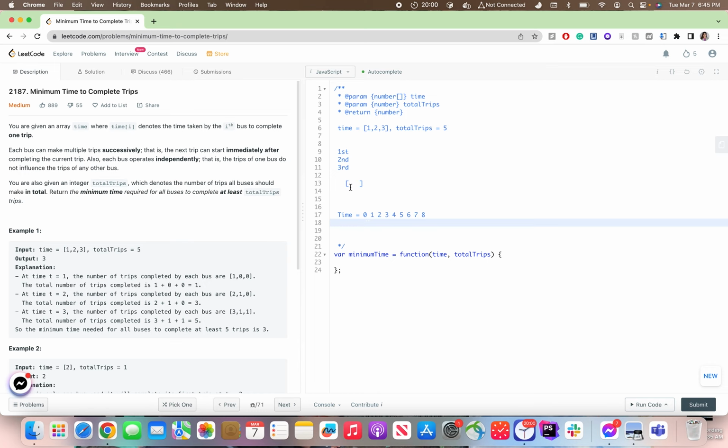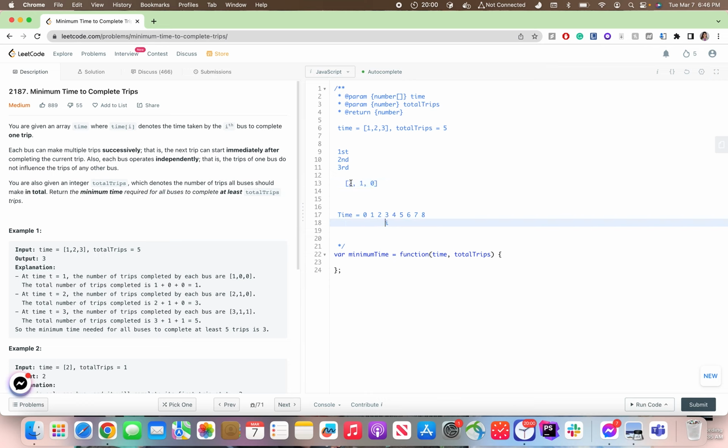So at 0 seconds, none of the buses would have made a trip. At 1 second, this one would complete one trip, right? And the others would not complete any trip. In 2 seconds, this one would complete 2 trips, this one would complete one trip, and this one would not complete any trip.